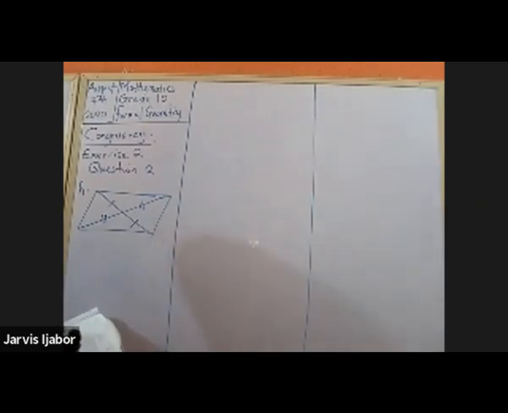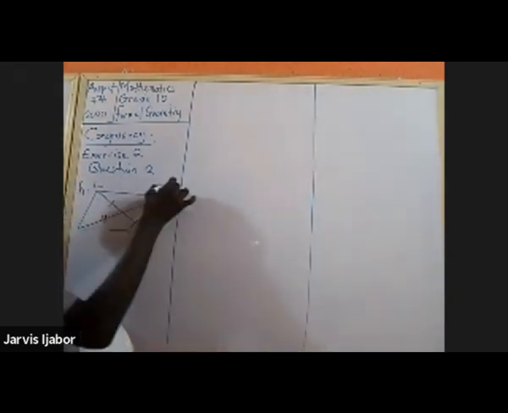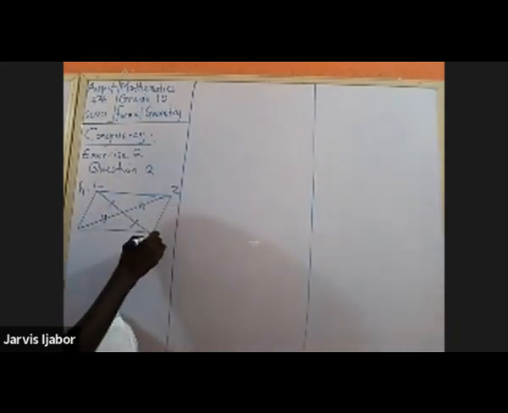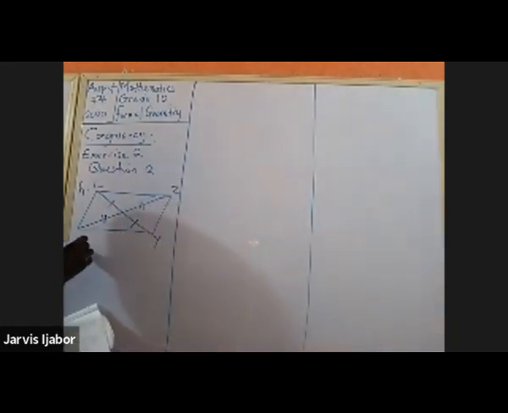Now, this is L, this is Z, this is Y, and this is K, and this is X. So you need to know the type of triangle. So what you have now is this. Look at it.